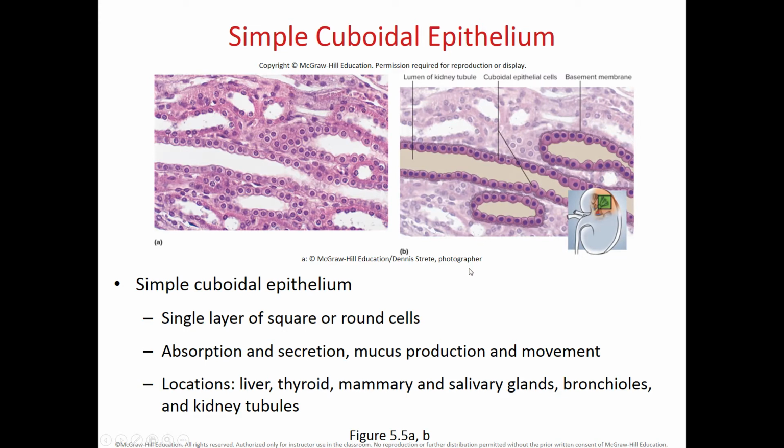Functions of these cells will be to absorb, to secrete, to produce mucus, and to allow the movement of substances. Locations will be in the liver, thyroid gland, mammary gland, salivary glands, the bronchioles inside our lungs, and the tubules of the kidneys.